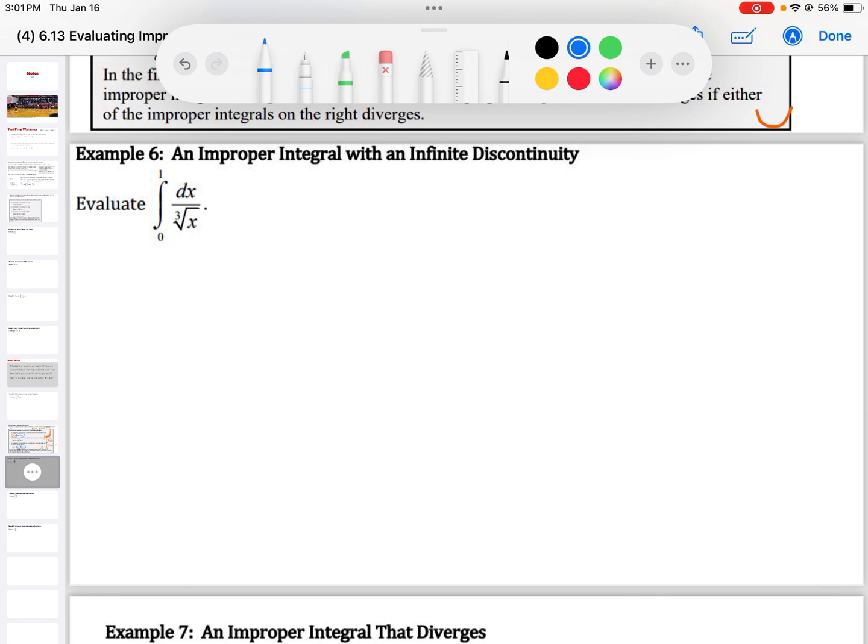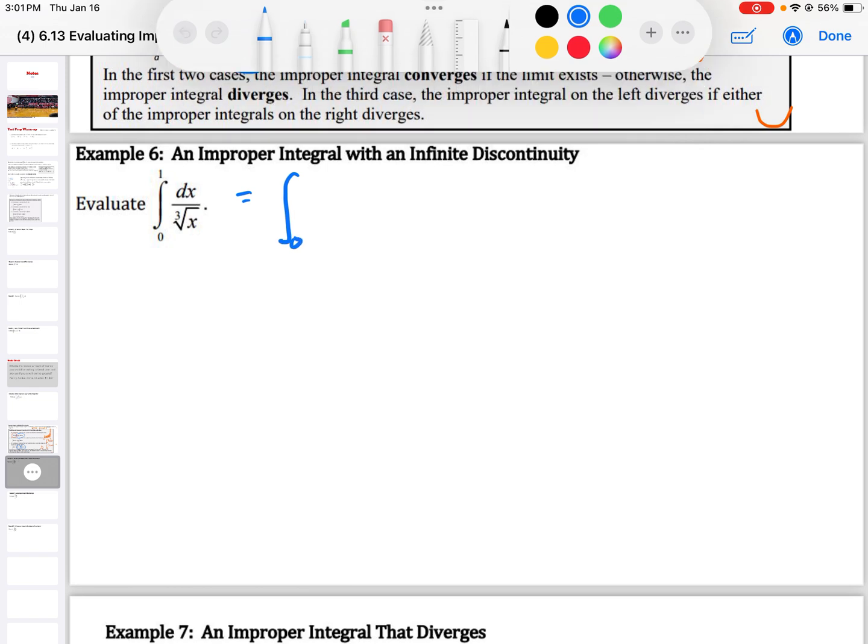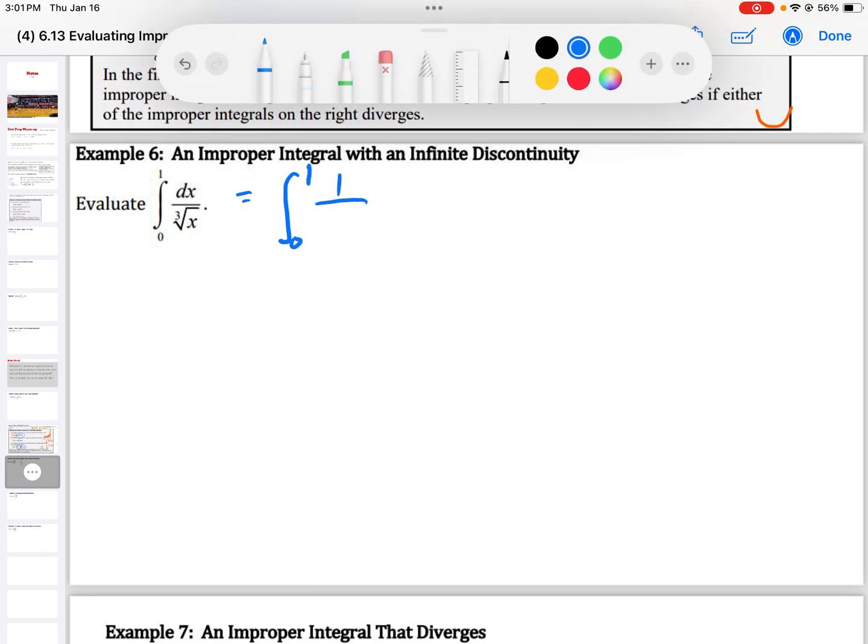So for an improper integral with an infinite discontinuity, let's look at the integral from 0 to 1 of 1 over the cube root of x dx. I'm looking at this and I think, okay, where is my vertical asymptote? A vertical asymptote is a restriction on x that makes the denominator 0.